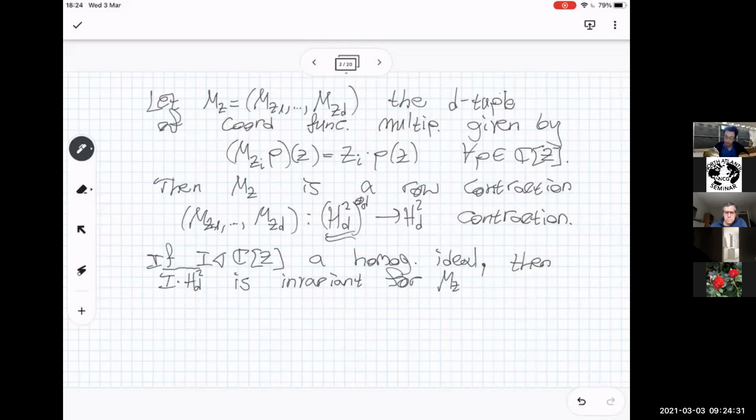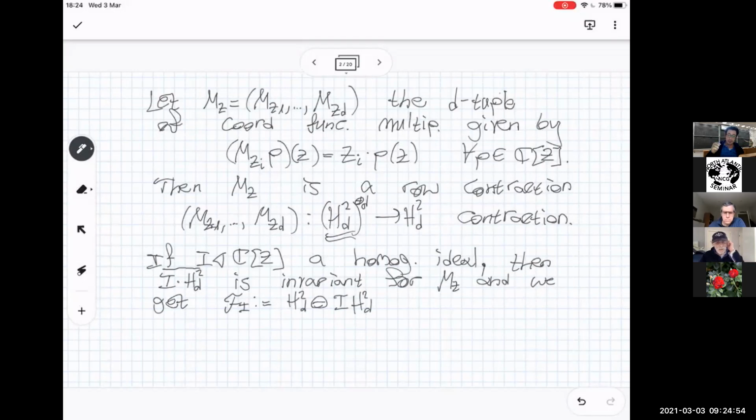So we get that F_I, this is H^2_d orthocomplement of I H^2_d in H^2_d, that's a co-invariant subspace.